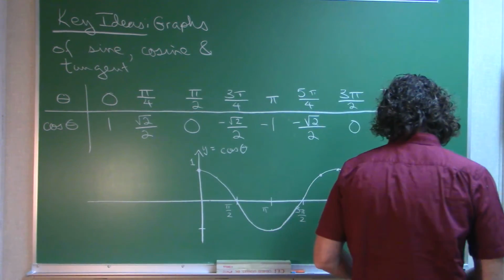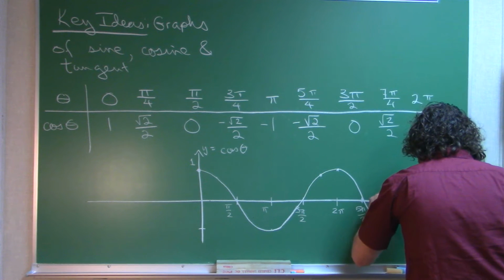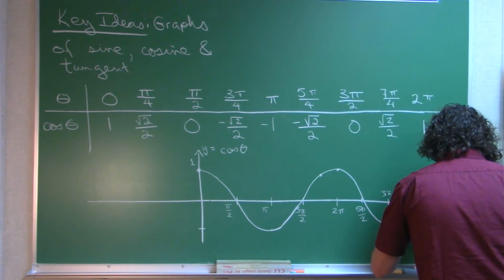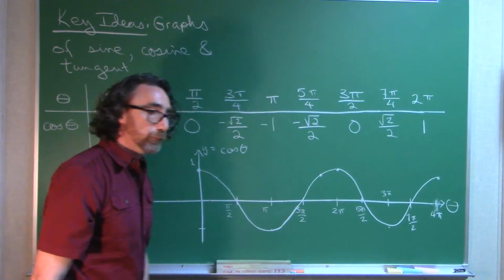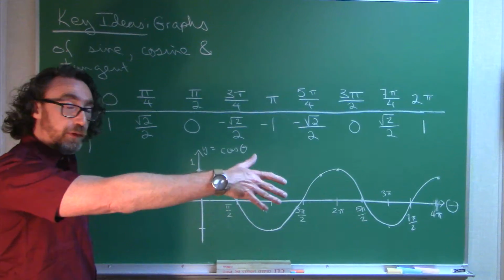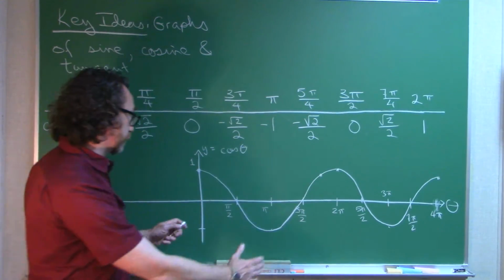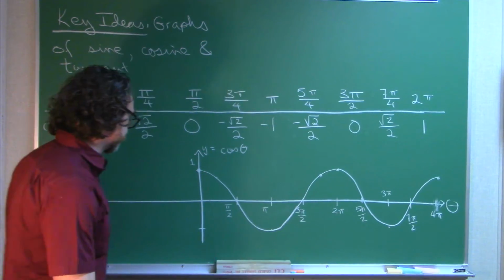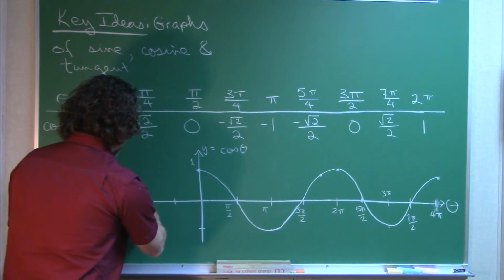Just for the sake of completeness, this is 5 pi over 2, this is 3 pi, this is 7 pi over 2, and this is 4 pi. And if I were to extend it even further, I would keep getting copies of this picture over and over again. And that would even hold over in this section.